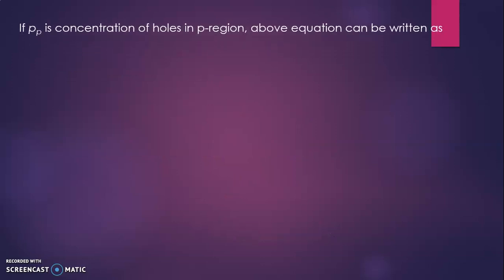Now if p suffix p is the concentration of holes in the p region, the above equation we can write as V naught is equal to kT upon e ln n suffix n upon n suffix p, this as it is.